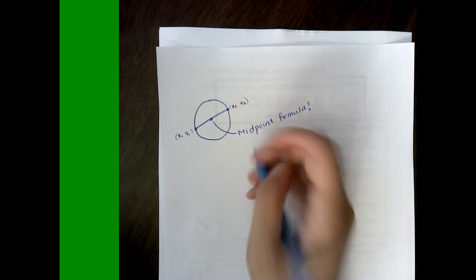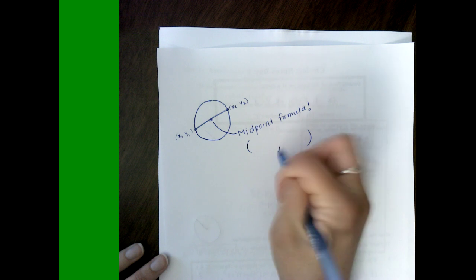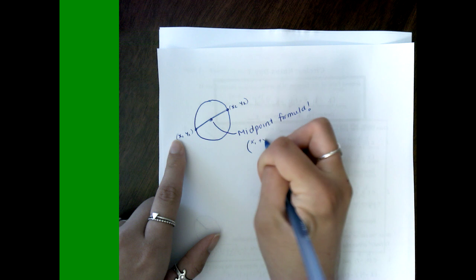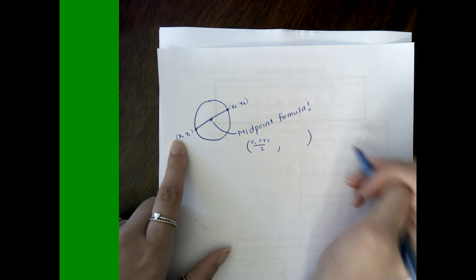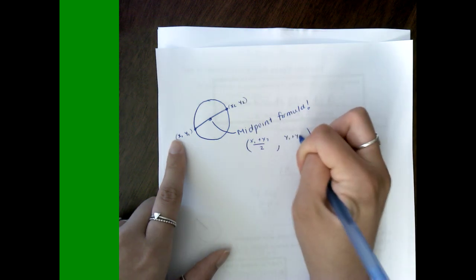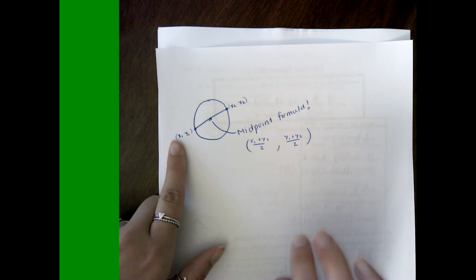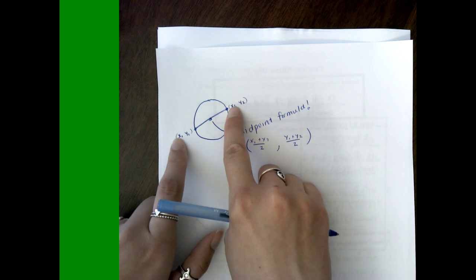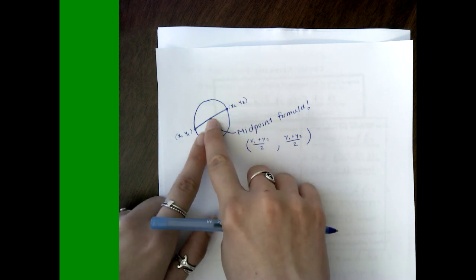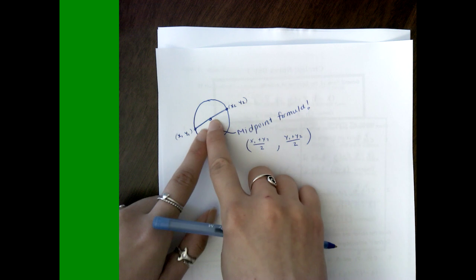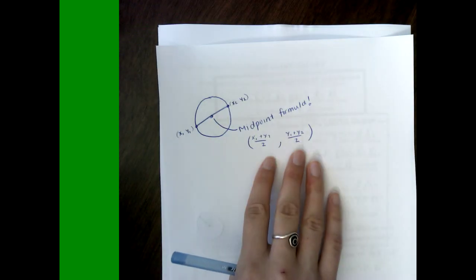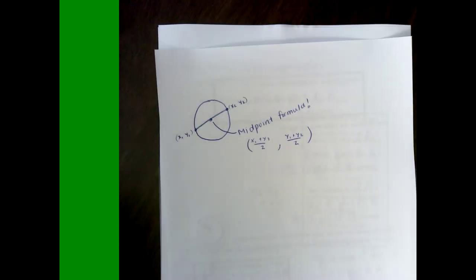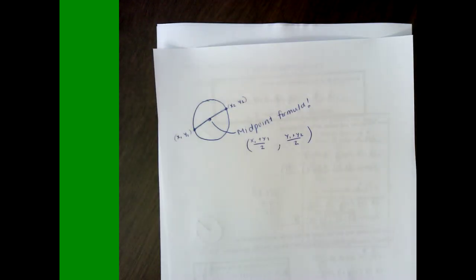So the midpoint formula is just, you take the average of these x values, so you add them together and you divide by 2. And then you take the average of the y values and you divide by 2. So I'm not doing an actual example, but you're going to take these, add them together, divide by 2, because you want the average of those would be this one. And then you take the average of the y values, and that would be that y value. So that would give you the center, and then you can proceed using the center and one of the points that's given, just like we did in those last 2 problems.